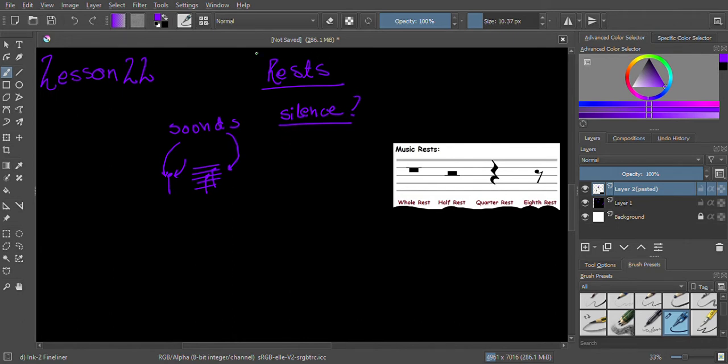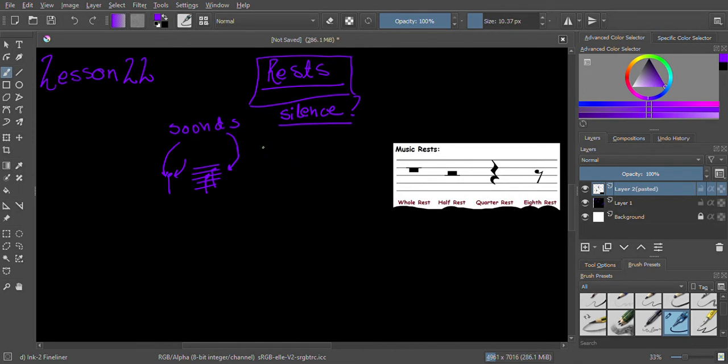And those are called rests. Those are the symbols we use to denote silence, just as we use notes as symbols to denote sounds.